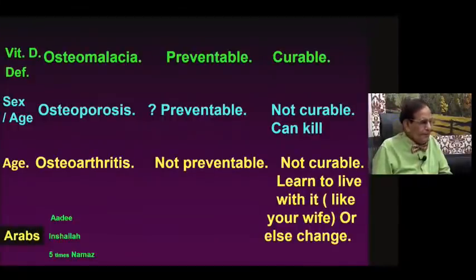So it is not preventable because you are growing old, and it is not curable. You must learn to live with this disease. All the patients you should tell them. Like with your wife, you learn to live with her. She might have some bad points, but she must have some good points also. Because if you change your wife, you don't know whether the second one who comes might have more bad points. We'll discuss this later on.